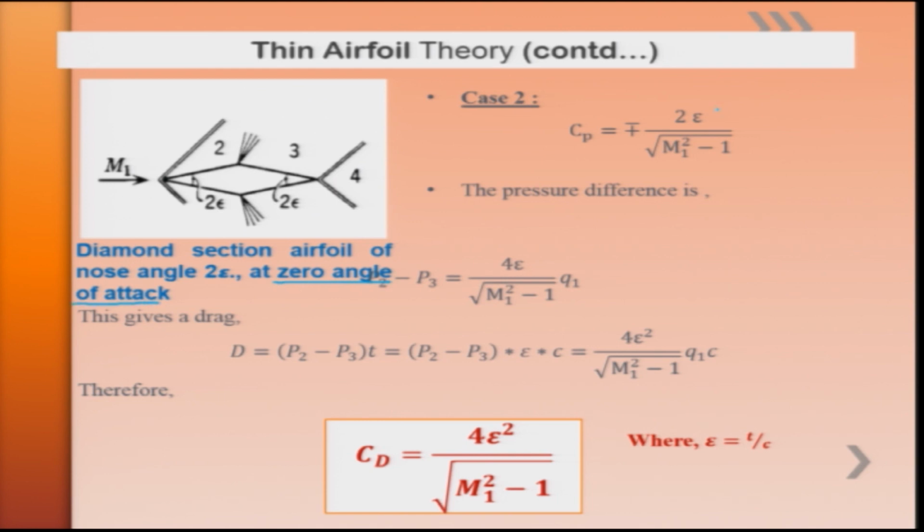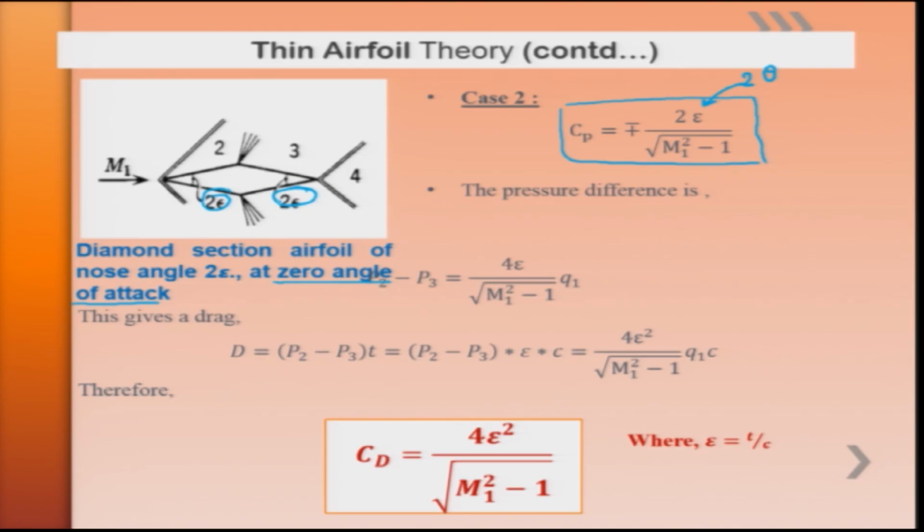Therefore, the Cp expression is minus plus 2 epsilon upon square root of M1 square minus 1. Please note that theta is here replaced with epsilon, because the surfaces of this thin diamond airfoil are straight in nature. So each point will experience the same inclination along this or this, because both the forward angle as well as the rearward angle are the same.